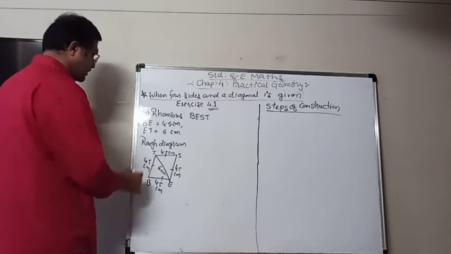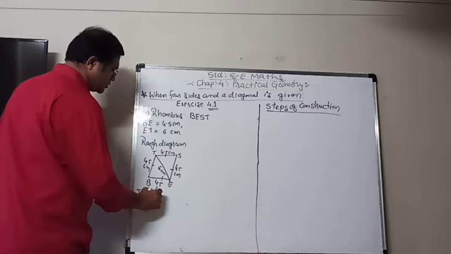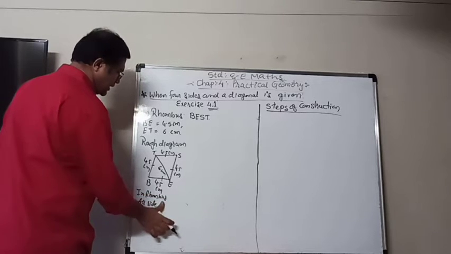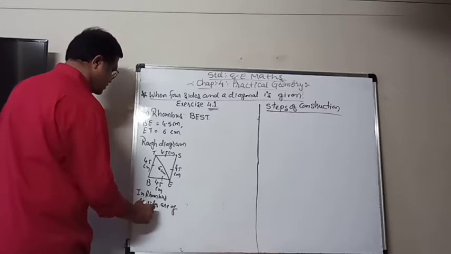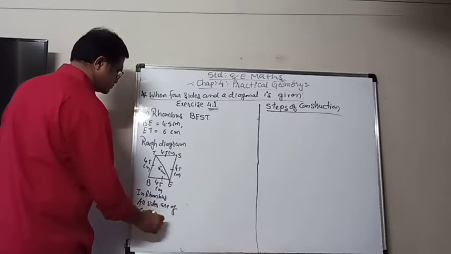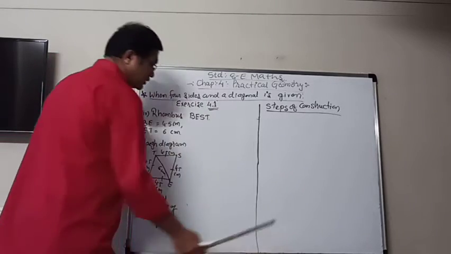So you can write down in rhombus, all sides are of equal length. So now we will draw a construction.